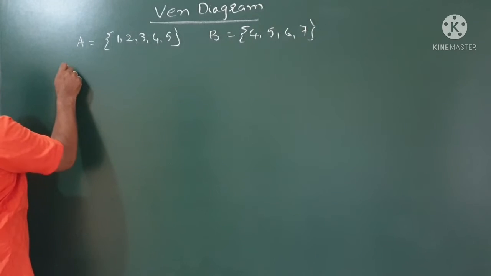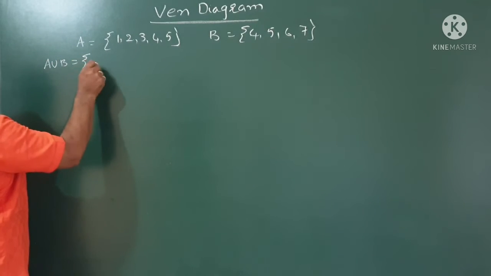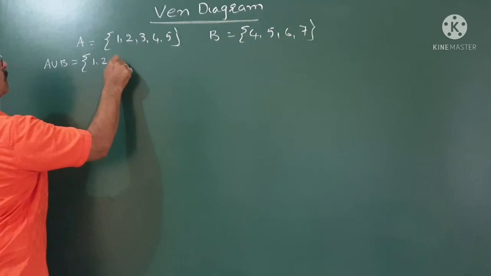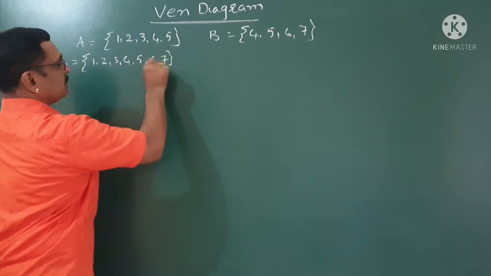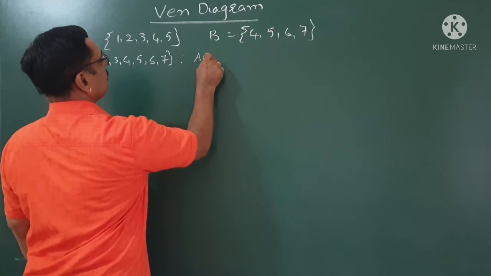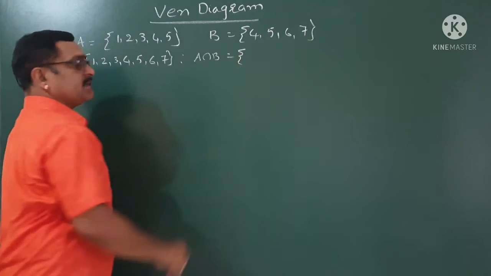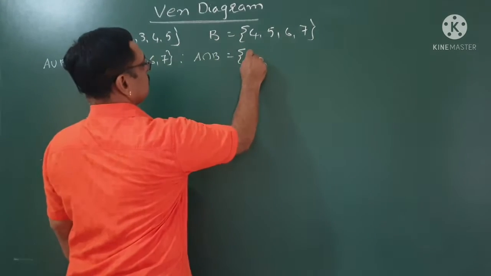Now, what is A union B? A union B is equal to 1, 2, 3, 4, 5, 6, 7. What is A intersection B? What are the common elements of A and B? 4 and 5.